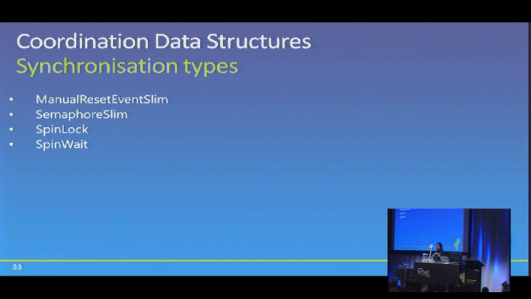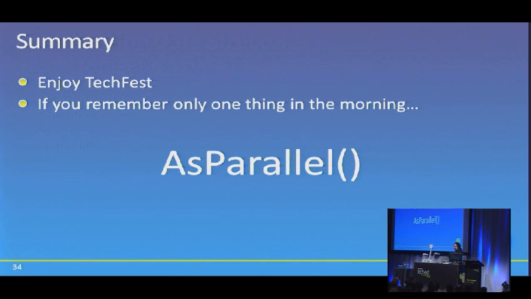But actually, spin locks and spin waits, if they're very short, are very efficient. They're much more efficient than using synchronization primitives and things like reset events. So coordination data structures use these internally for very efficient locking and contention management. It's all in the documentation. If you're interested in these lower level types, have a look around and you'll be able to find out about them.